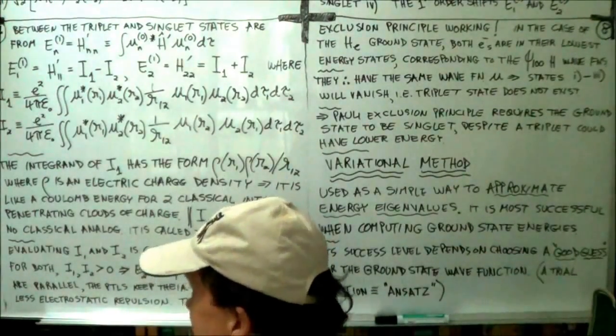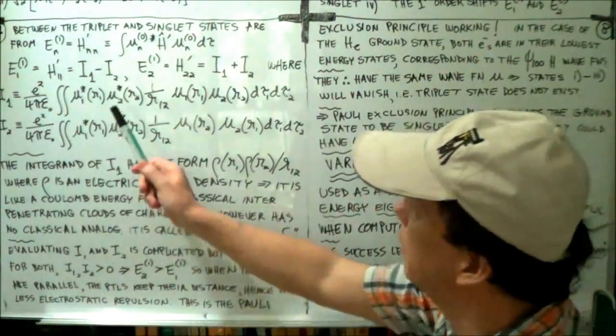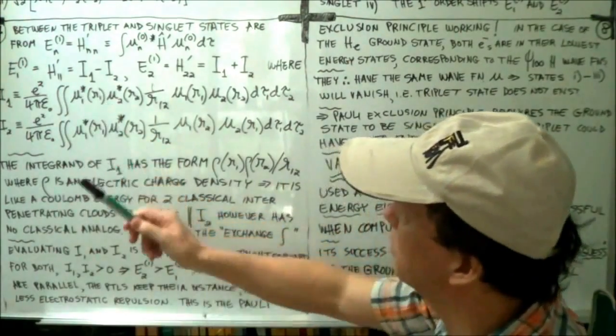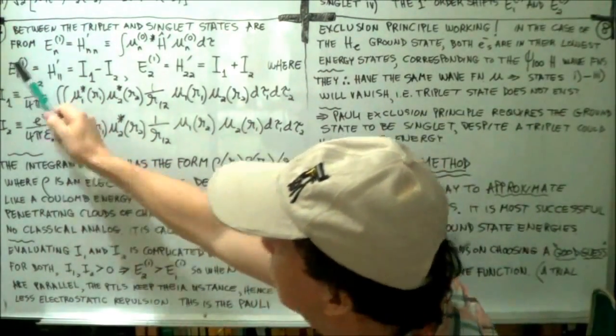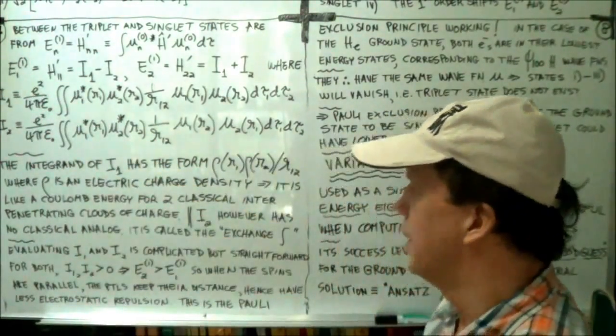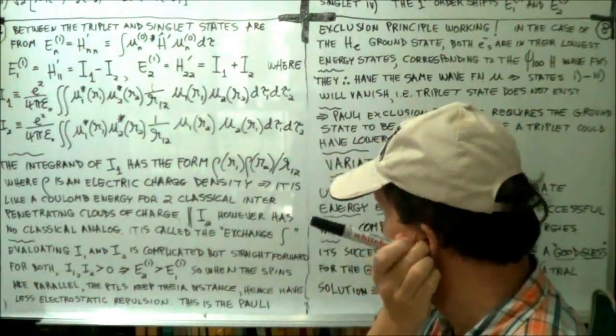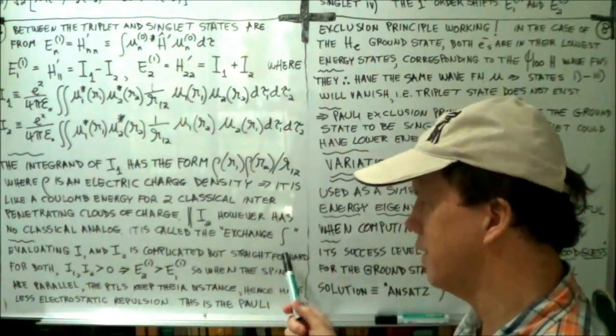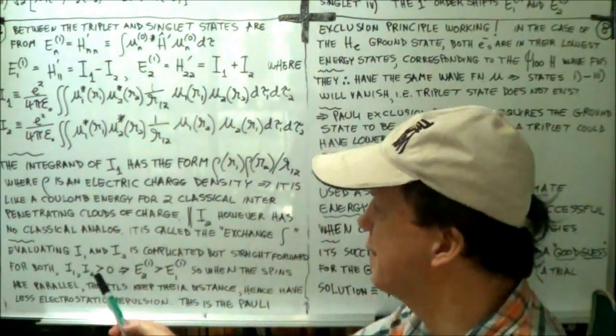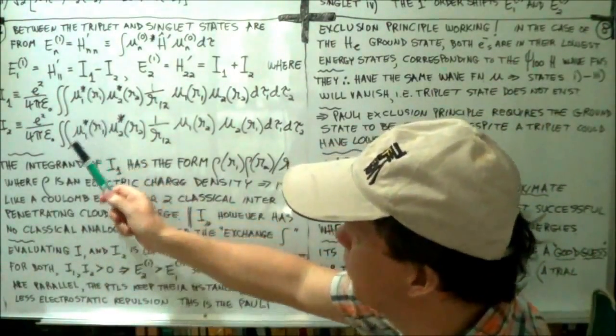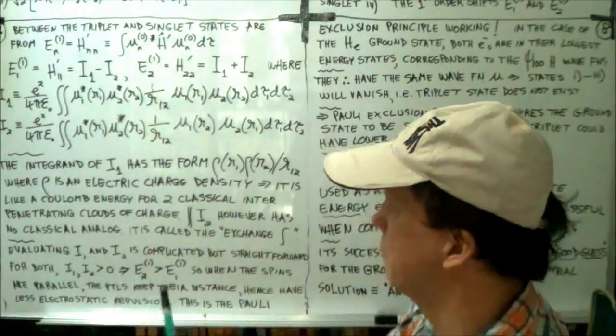Okay. Now, evaluating these two integrals, in other words, to find the energy correction, first order, is complicated, not given, but the textbook claims it's fairly straightforward. Now, the interesting thing is that these two integrals end up both being positive.